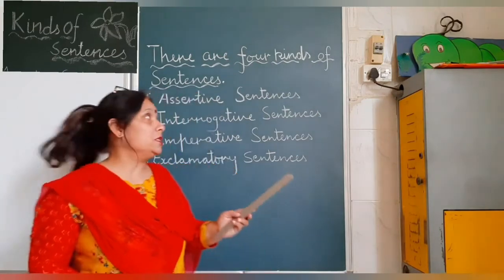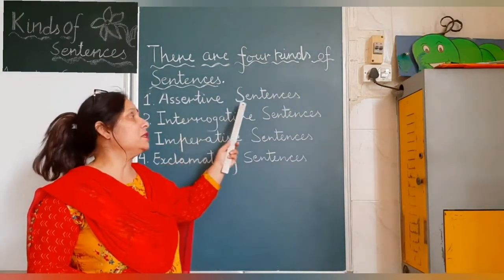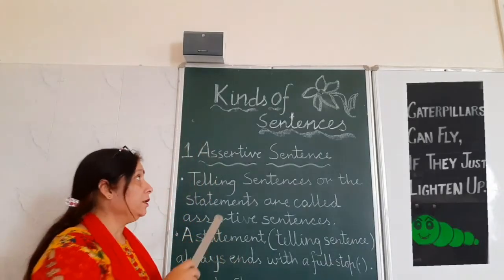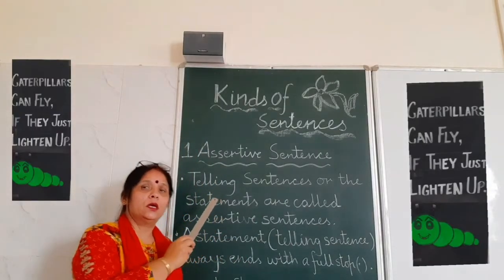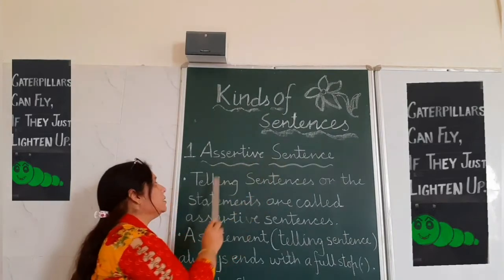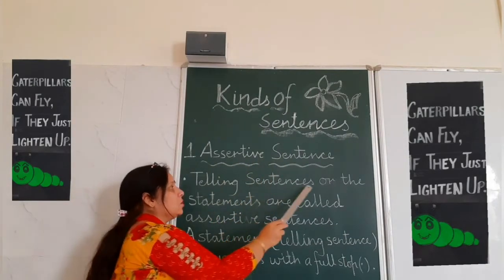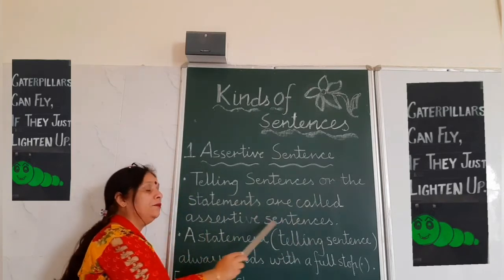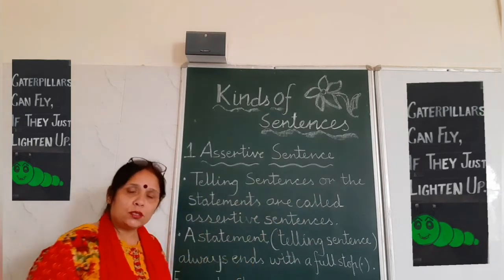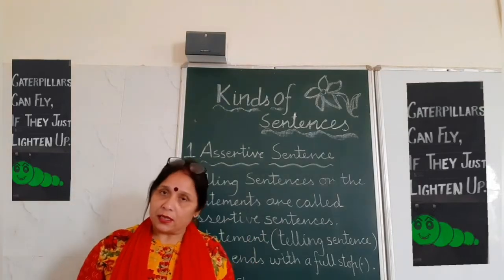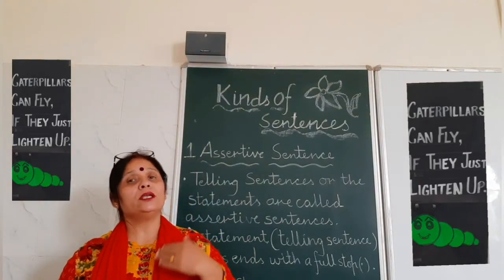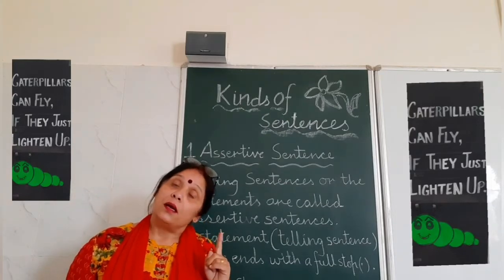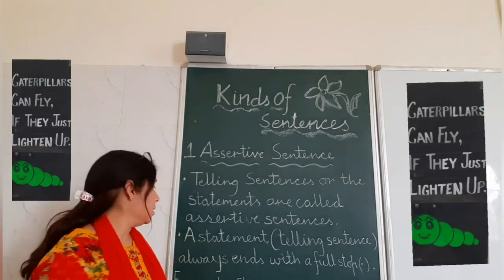Now dear students, I will explain the assertive sentences in detail. Children, look at the board. Assertive sentences, telling sentences or the statements are called assertive sentences. जो सेंटेंस हमें कुछ बताते हैं या हम ये कह सकते हैं कि जो स्टेटमेंट्स होती हैं उसको हम क्या कहते हैं? assertive sentences.